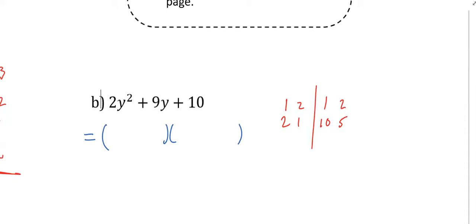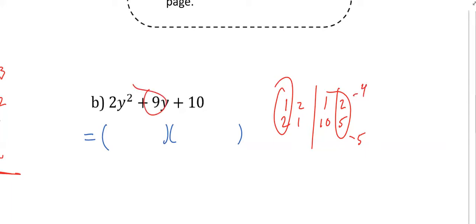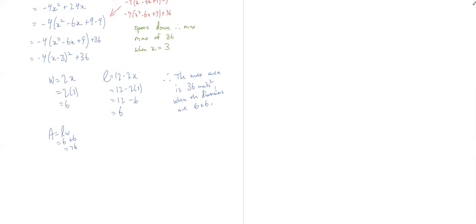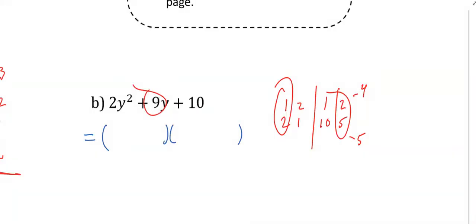So again, I'm going to circle them like this. And I go 1 times 5 is 5. 2 times 2 is 4. 5 plus 4 is 9. So then we read our answer across the page.